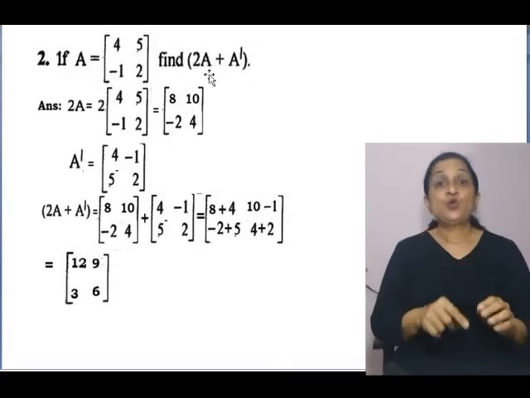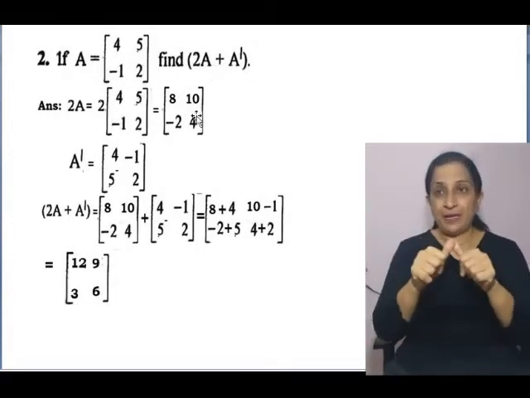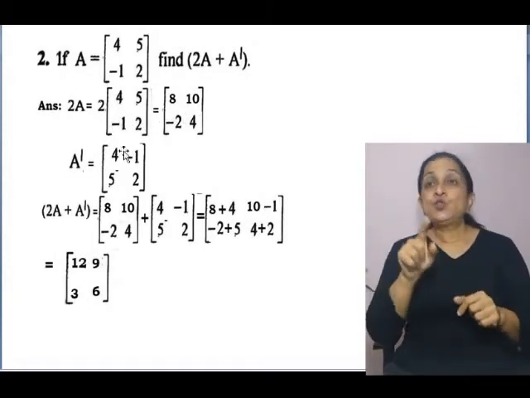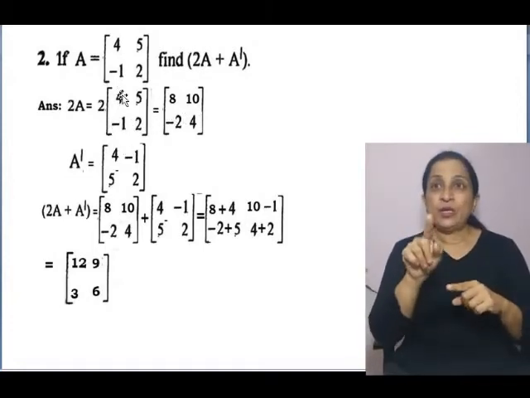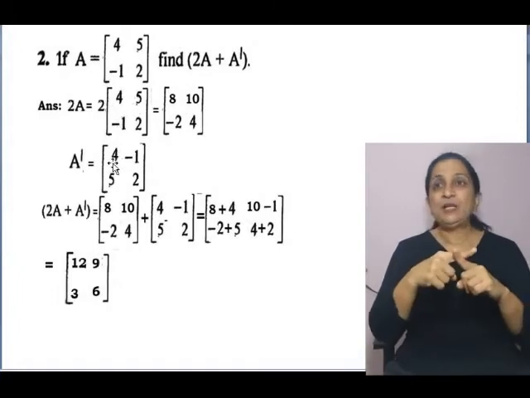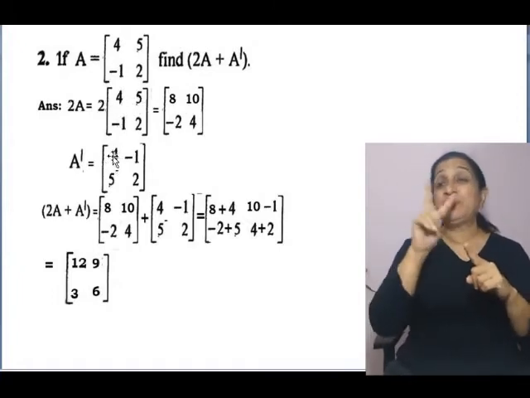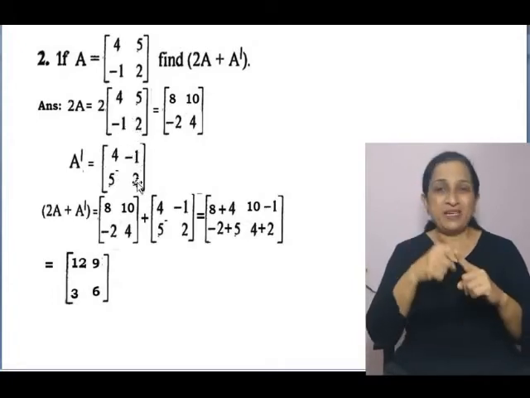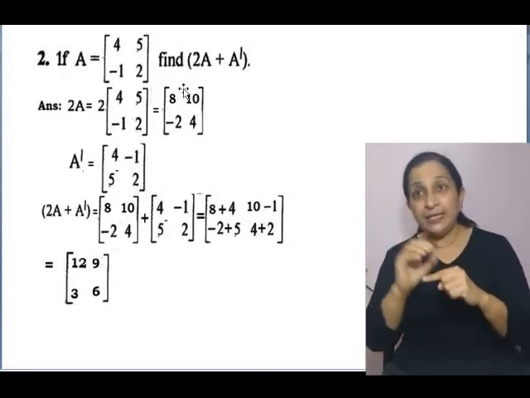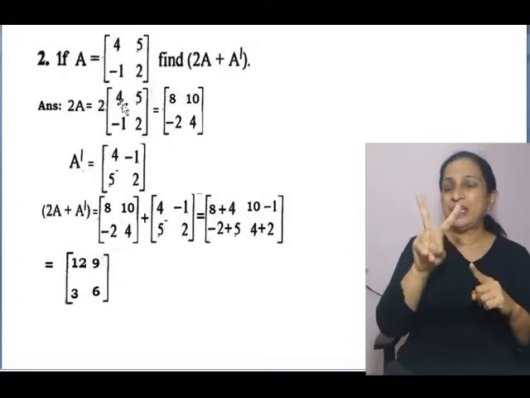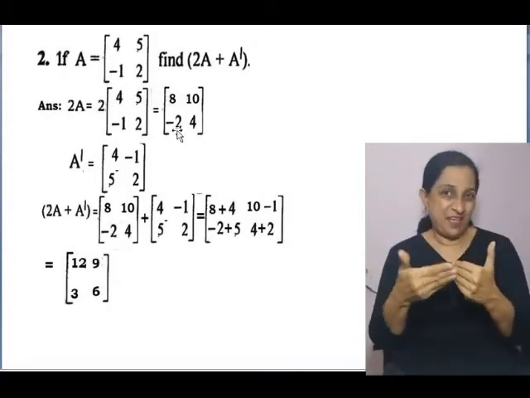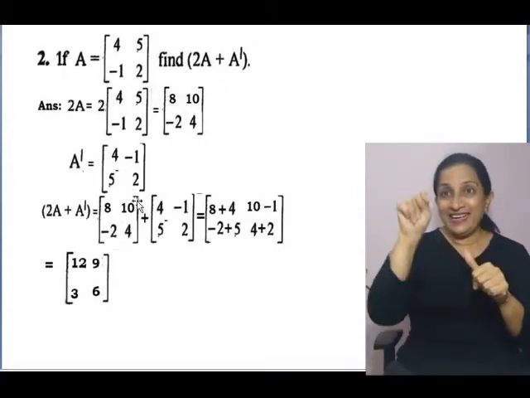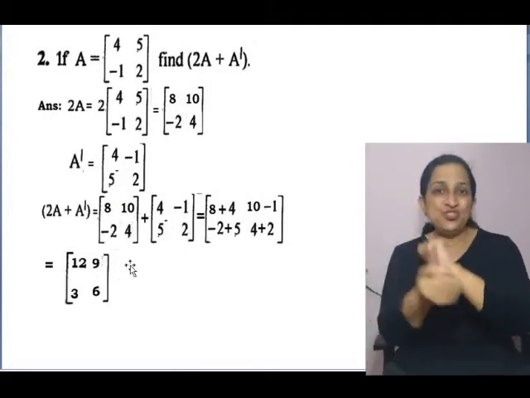Find 2 times A plus A dash. 2 times A, you know how to do. A dash, A is there here, row becomes column, that is this 4 by 5 becomes 4 by 5 here, then minus 1 as it is, you put it here as a column, and then 2 times this, 2 4s are 8, 2 5s are 10, like that. Okay, so add both of them, you will get this value.